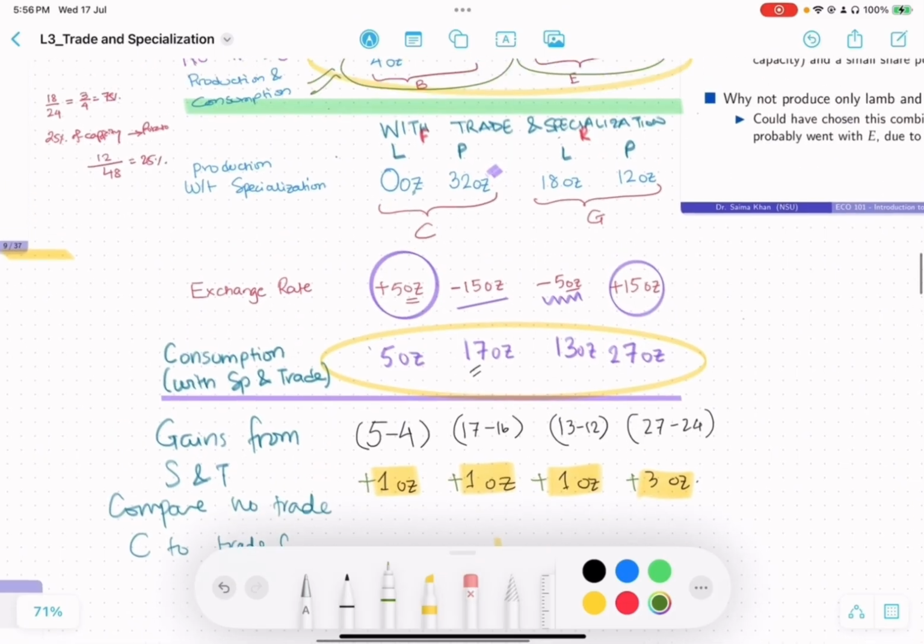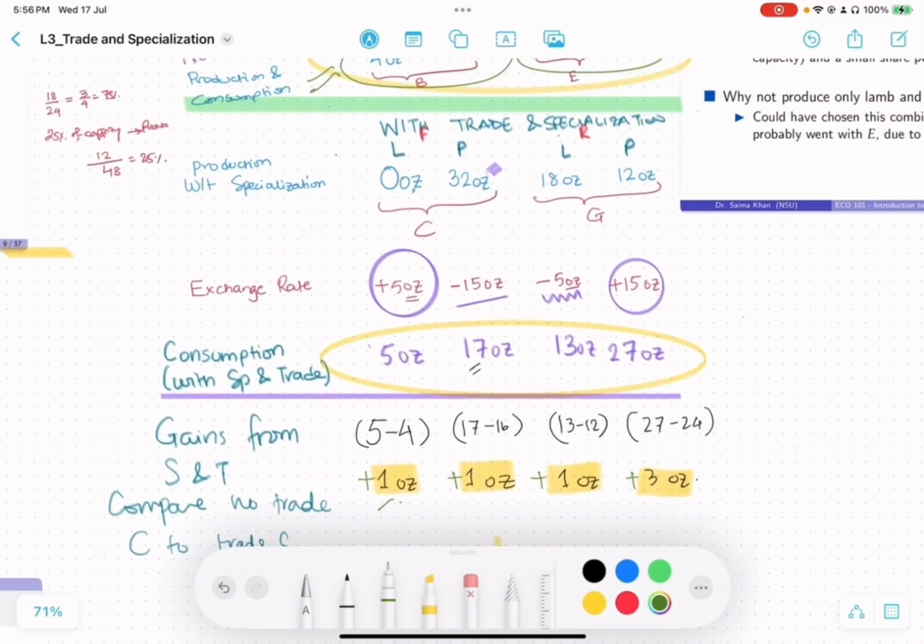If they do that, look at it. Fred is better off because now he can consume 1 ounce more lamb and he can consume 1 ounce more potatoes. Ron is also better off because he can consume 1 ounce more lamb and 3 ounce more potatoes, right?